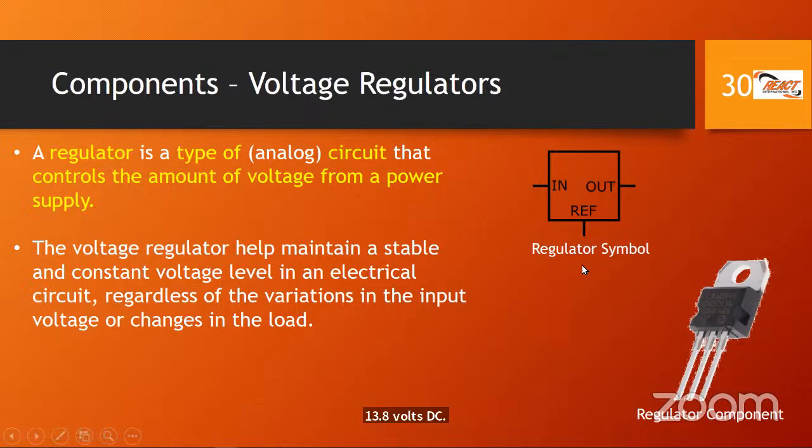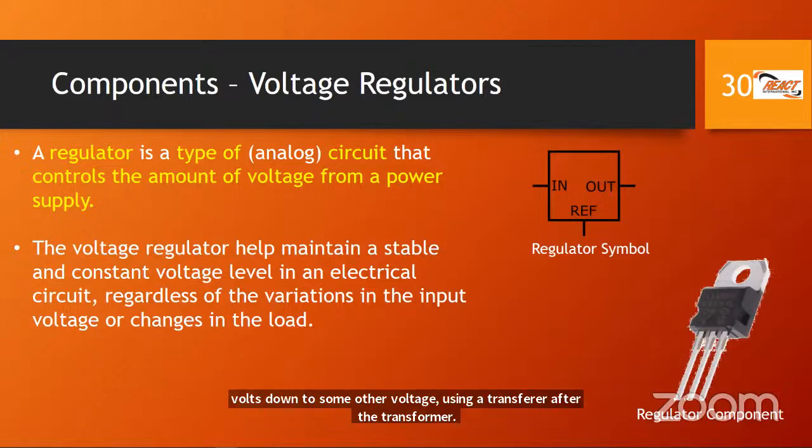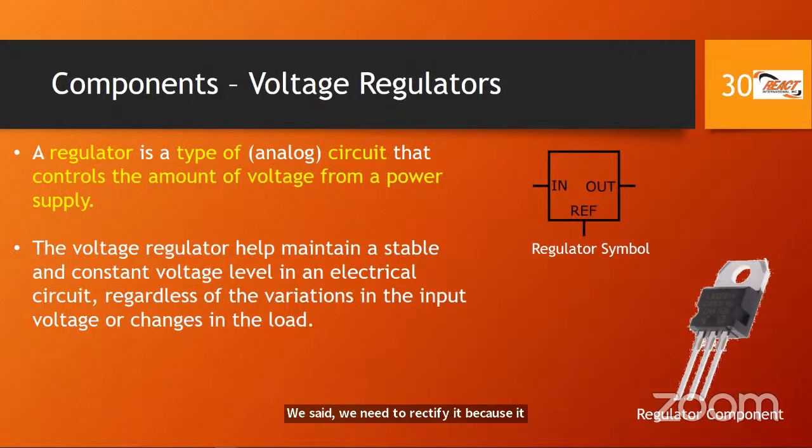We might have to, before that, transform it from 120 volts down to some other voltage using a transformer. After the transformer, we said we need to rectify it because the transformer is giving us AC and we want DC. So we'll use a rectifier using diodes to rectify, but we'll end up with pulsing DC. And then we use a capacitor to smoothen it. We dealt with all of that a little earlier.